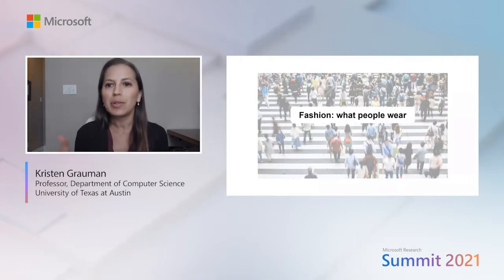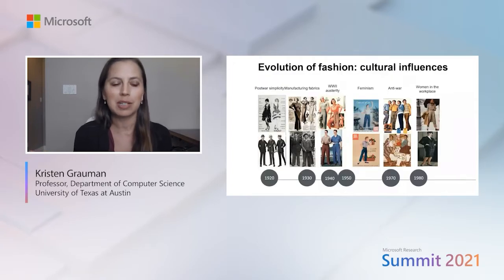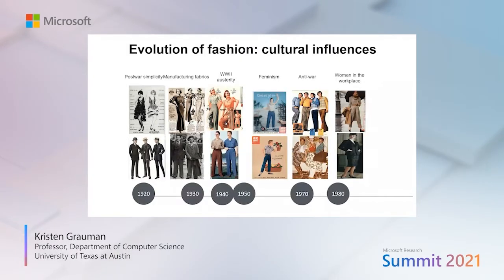And I'll talk about two notions of influence and evolution. So one is, like you see here, the evolution of fashion over time in step with world events and cultural influences. And we know this happens, right?